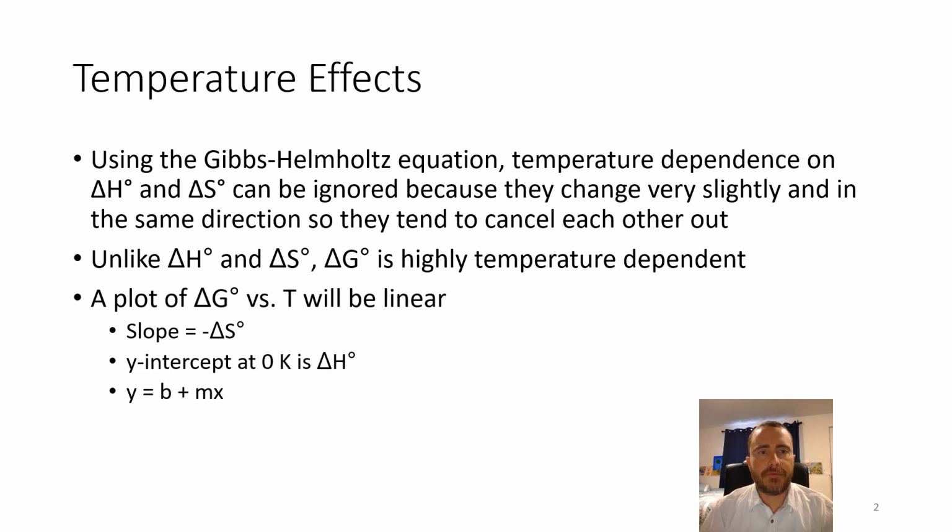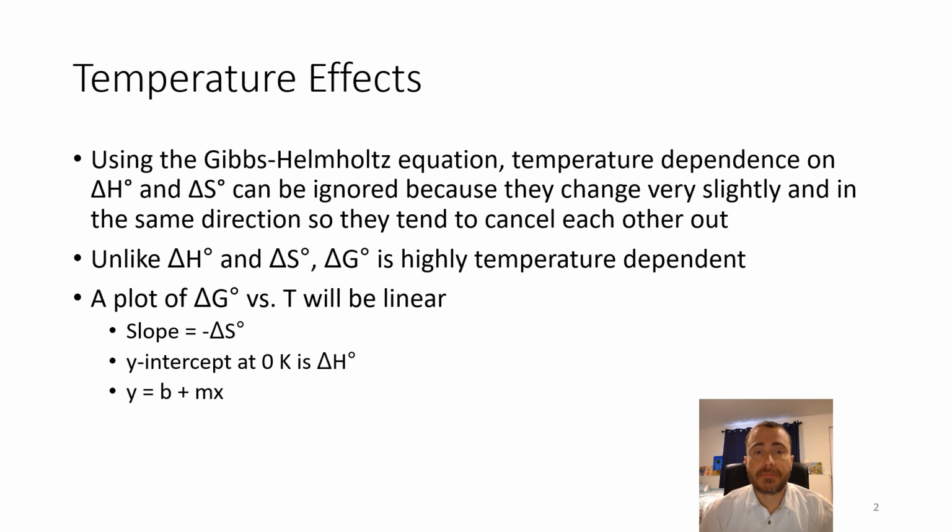All right, if we look at the Gibbs-Helmholtz equation, again, this is a refresher from our previous podcast, it has delta G equal to delta H minus T delta S. So Gibbs has a high dependency upon the temperature.